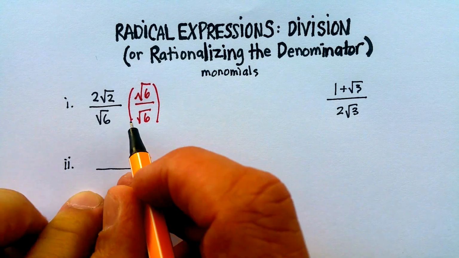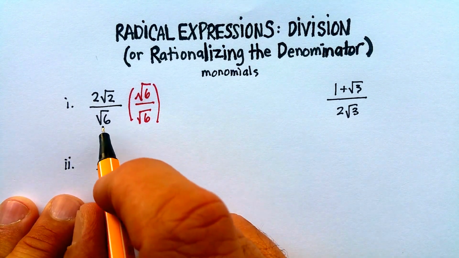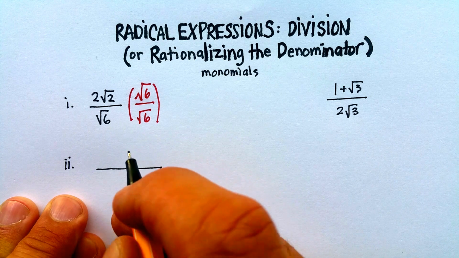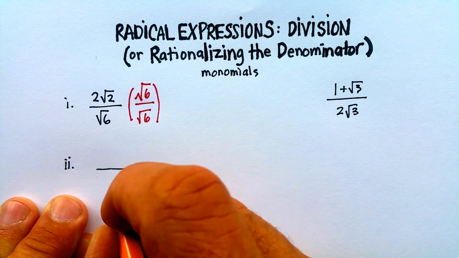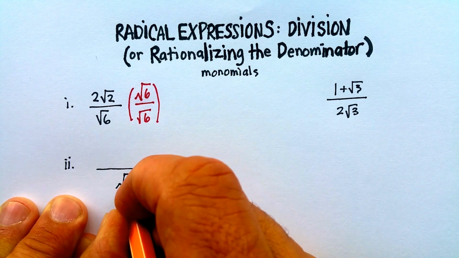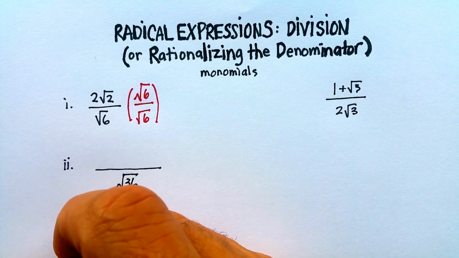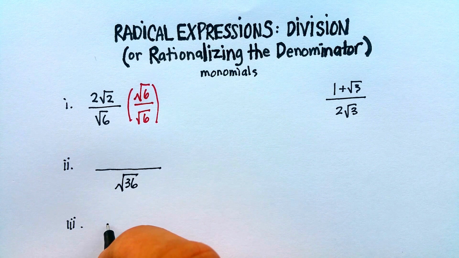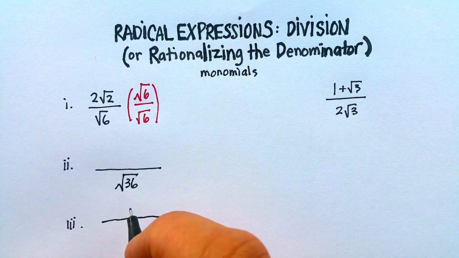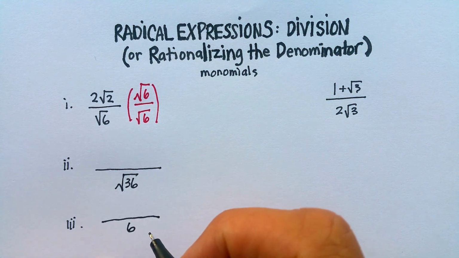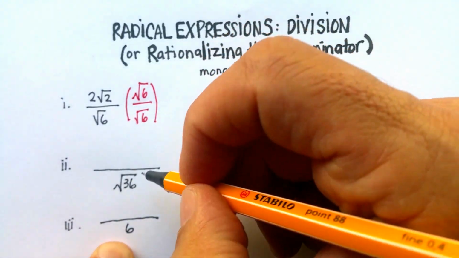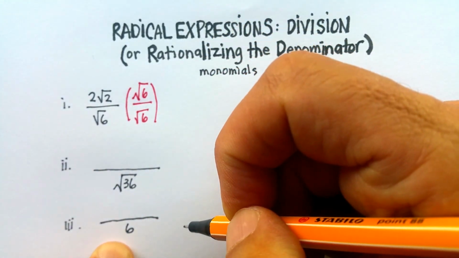Again, we know that when you multiply two radicals that are the same, radical 6 times radical 6 is radical 36. Okay? And we know that that's a perfect square. Let me just continue on down here. I'm just going to do just that problem only. And we know that the square root of 36 is just 6. Therefore, by that simple technique, I have rationalized the denominator.